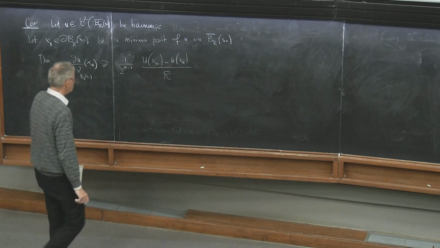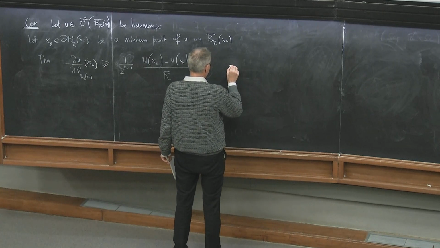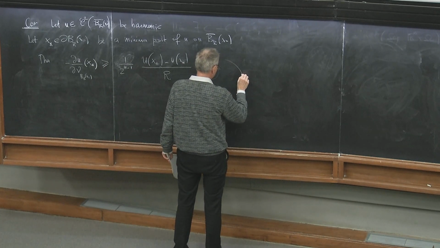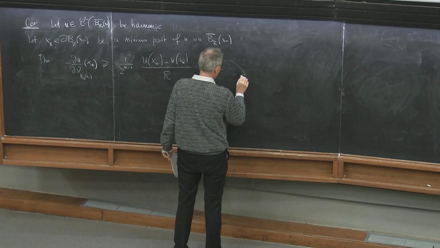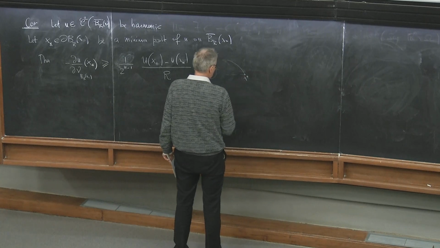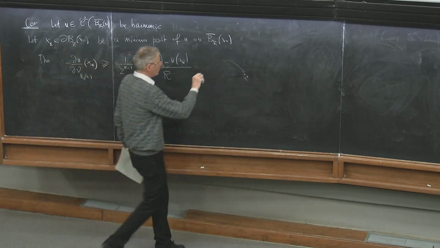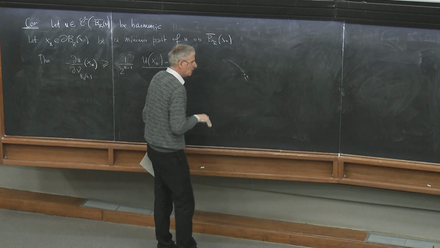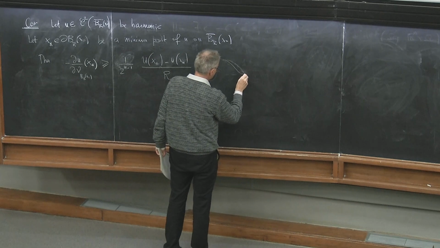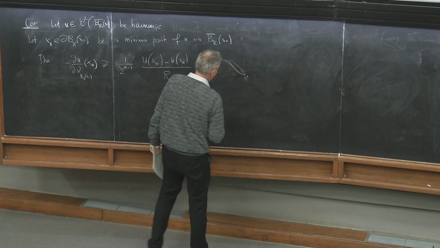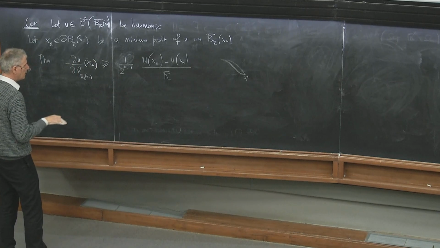Okay, what does it say? I have a harmonic function, and my drawing is terrible, but I have a point on the boundary here. What I'm saying is about how I reach the boundary. This is a minimum point, so I cannot reach the boundary having a sort of horizontal tangent plane here.